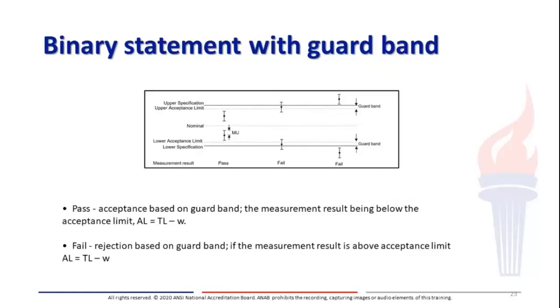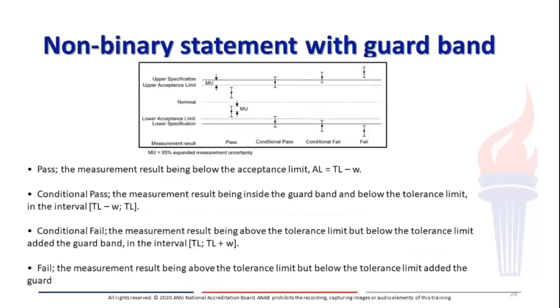But also understand that with any of these situations, once we put a statement of conformance on the report, the standard tells us we have to define what these decision rules are. The standard says when a statement of conformance is required.